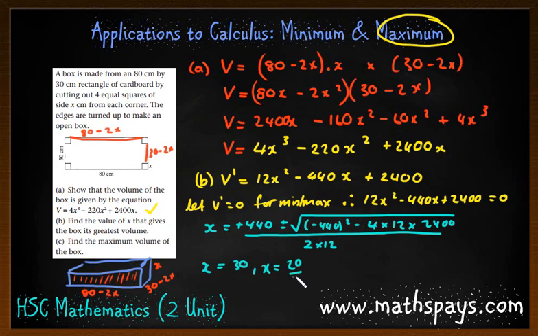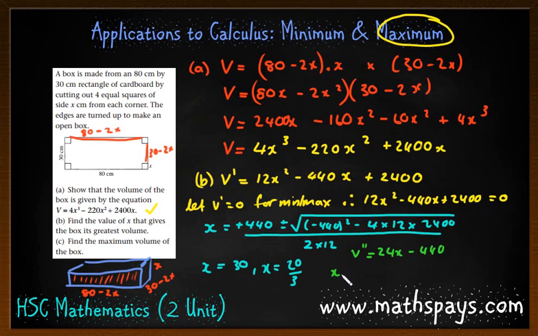Now, sometimes, like in that last question, you might get a negative, and then you can discount the response straight away. This is a problem: they're both positive, they're both possible. But why I like this is it forces you to not forget about the second derivative, v double dash, or d squared v over dx squared. In this case v double dash will be 2 12s, 24x minus 440.